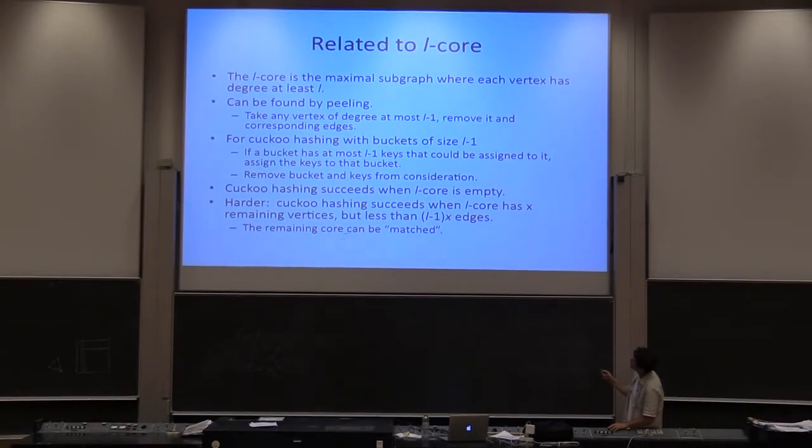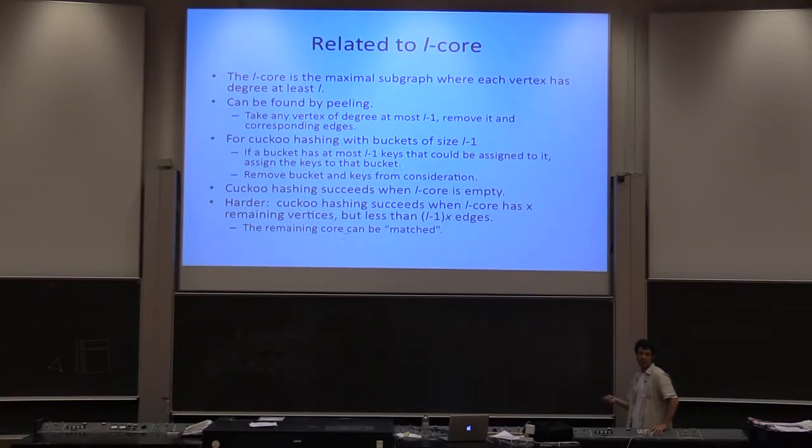So for cuckoo hashing with buckets of size L minus 1, what you're really asking is, are you getting an empty L-core out or not? If a bucket can hold L minus 1 keys, that corresponds to our peeling step. Any bucket that has at most L minus 1 keys associated with it, we just shove them into that bucket and keep going.